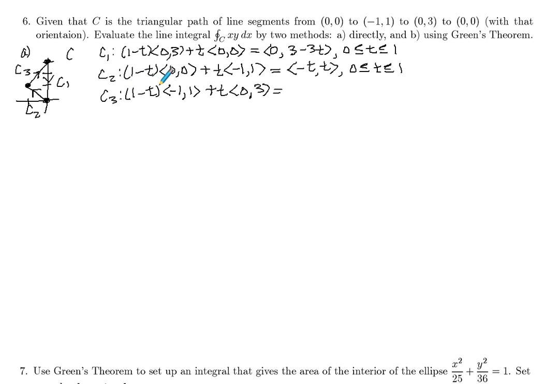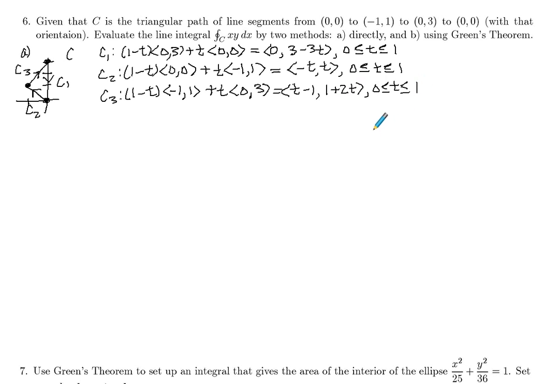Change both the signs there. And t times 0 in the x-coordinate there, so that's just going to give t minus 1 in the x. And then in the y-coordinate, 1 minus t times 1 is 1 minus t, and then t times 3 is 3t. So 1 minus t plus 3t would be 1 plus 2t, or 2t plus 1. And again, 0 less than or equal to t less than or equal to 1.